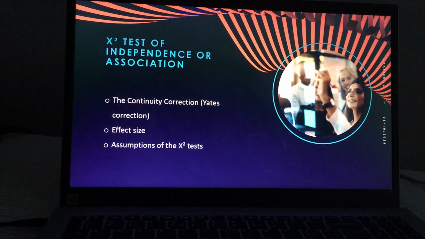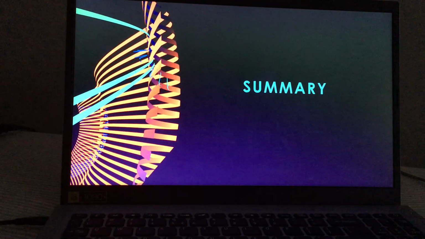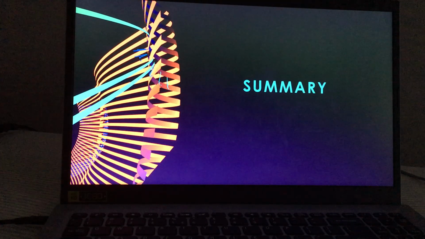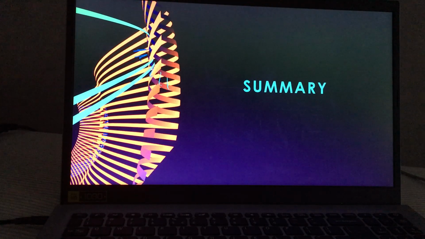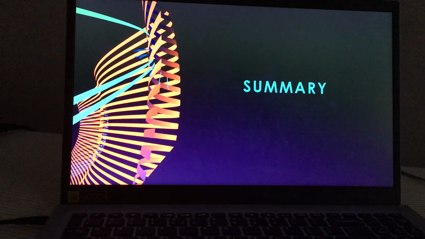So let's go ahead and summarize. In this chapter 12 on categorical data analysis, at an introductory level, we focused on research studies that involved 1 or 2 categorical variables. We built on what we learned in the previous chapter about hypothesis testing.